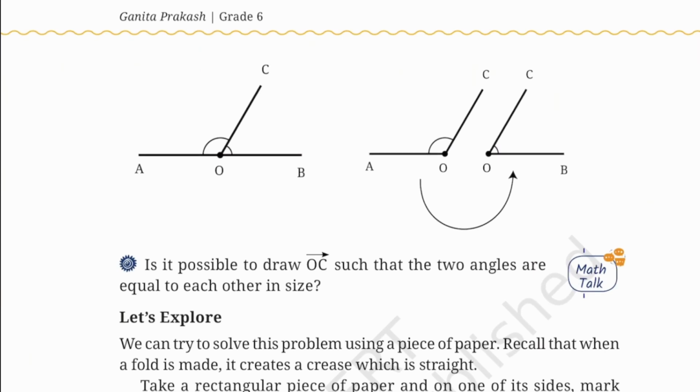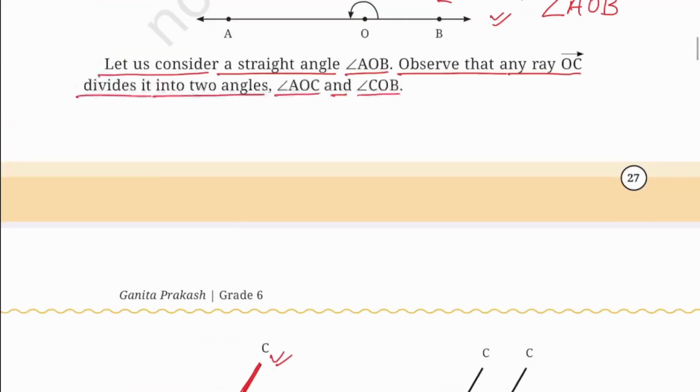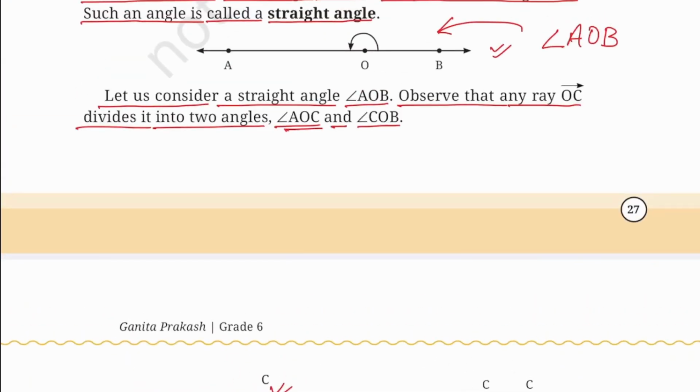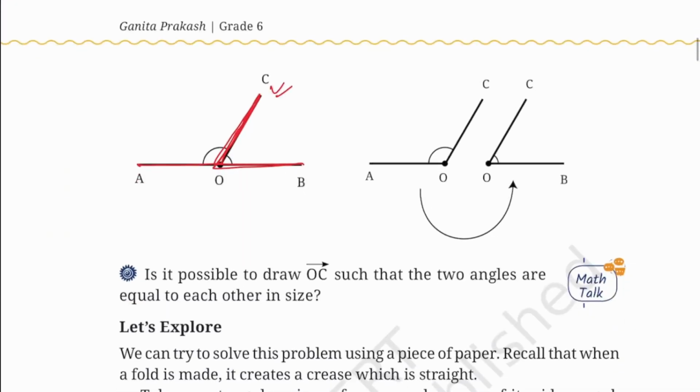You can see AOC and COB written here. That is two parts of straight angle AOB.